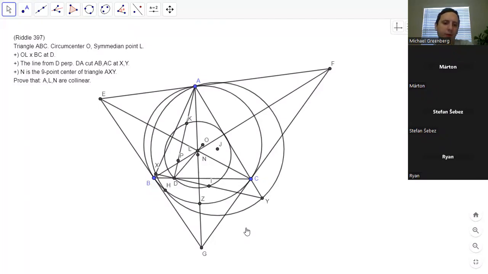Yeah, we want to show AG is the median of APJ. And like you said, that's the same as showing the distance from P to AG is the distance from J to AG.